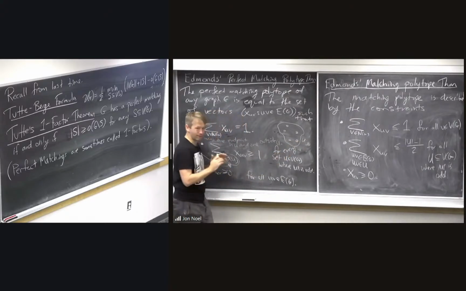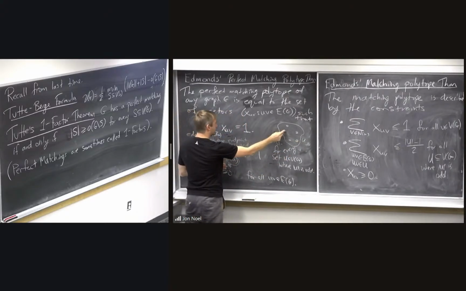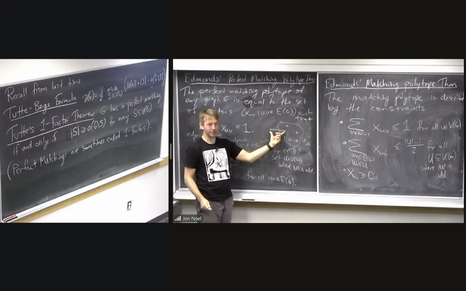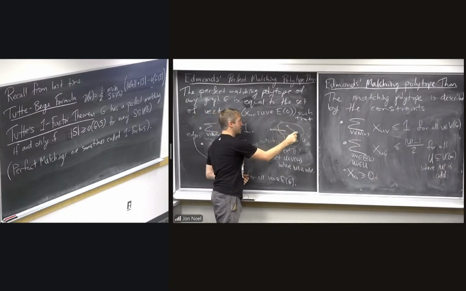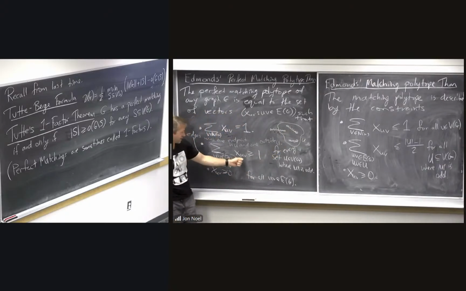If I want it to be perfect, one of these things has to be matched involving something outside. It could be more than one, but it has to be at least one. And then maybe these could be matched up inside the set. This is saying the weight of edges leaving an odd set has to be at least 1. There's got to be at least one matching edge that leaves the set, because it's supposed to be a perfect matching.